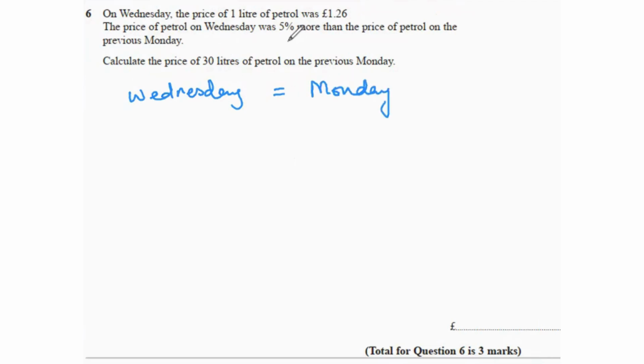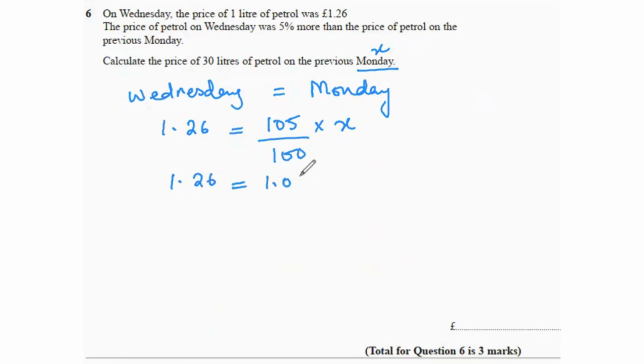So the price of petrol on Wednesday, which is 1.26 pounds, is basically 5% more than the price of petrol on Monday. So that's basically 105% of the price on Monday. So I'm saying Monday's X. So to find X, 1.26 equals 1.05 times X. Then 1.26 divided by 1.05 will give us the price of the petrol on Monday for 1 liter.